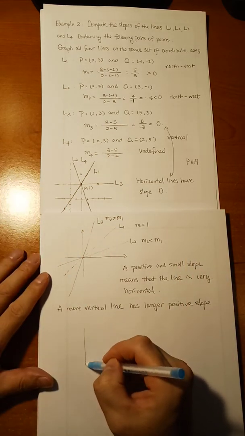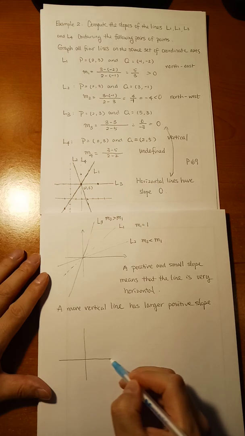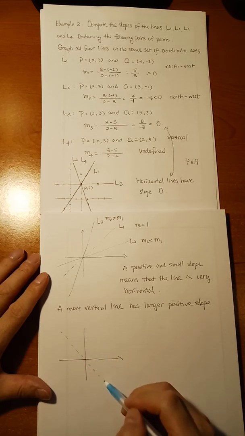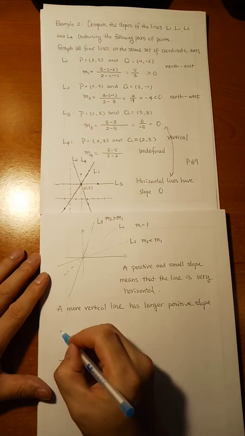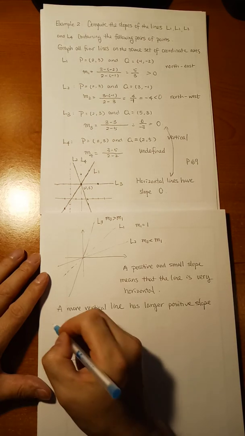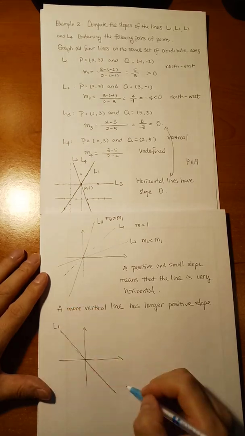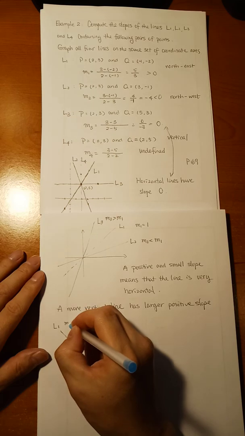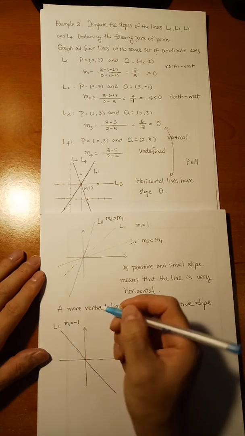For the negative slope, assume this is line L1. This is the diagonal of the second and fourth quadrant. The corresponding slope is -1.